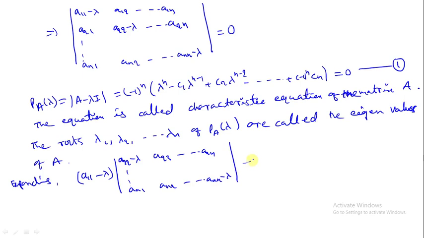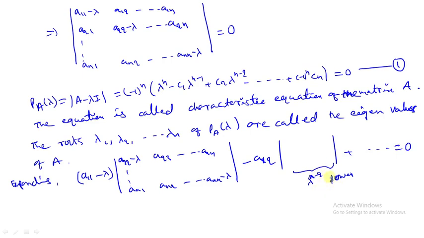Then minus a12 into another determinant, where you remove the first row and second column. When you remove these, two lambdas are removed, so we get lambda power n minus 2, degree n minus 2. Plus again you can go for a13, whatever you get, equal to 0. That means all are lambda power n minus 2.